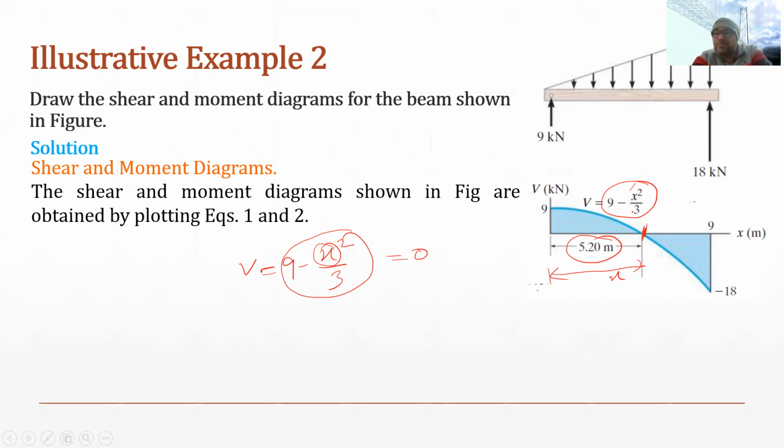Why is it important to find this location? Because, as I explained in the previous example also, the point where shear force changes sign will have the maximum bending moment. Corresponding to this, I will now show you the diagram of bending moment, where corresponding to this point it will be maximum.